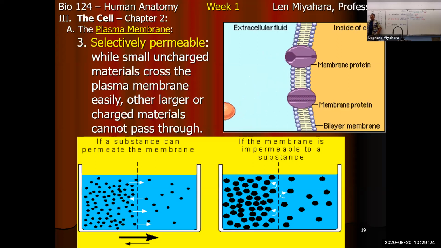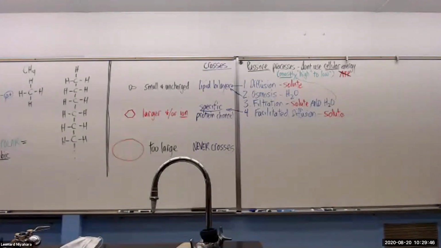If this little arrow was water, not soluble water, osmosis. Facilitated diffusion. Never goes through. Everybody got this animation in your head? Look at the whiteboard again. See the connection?